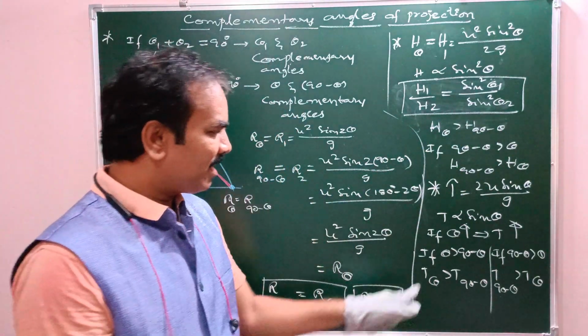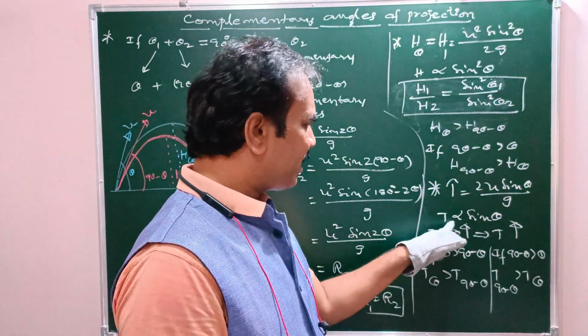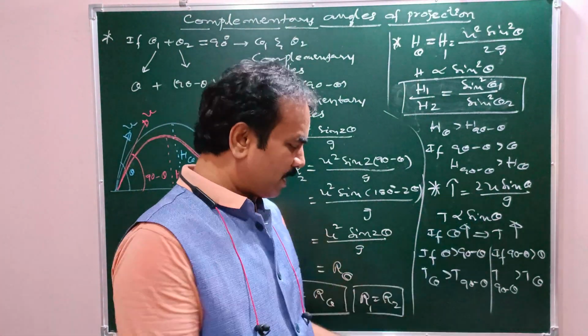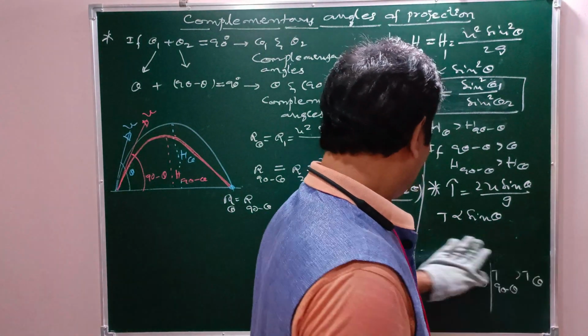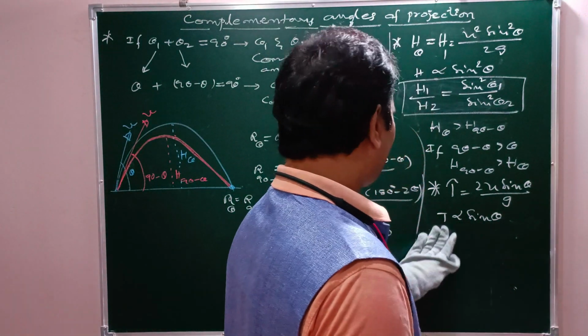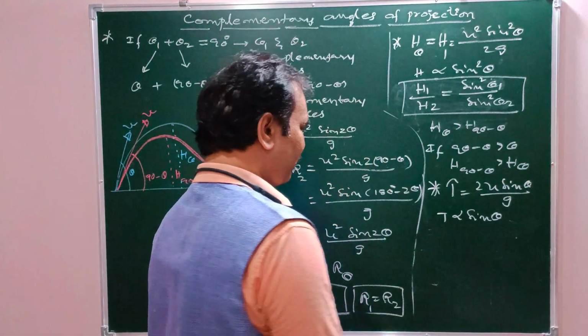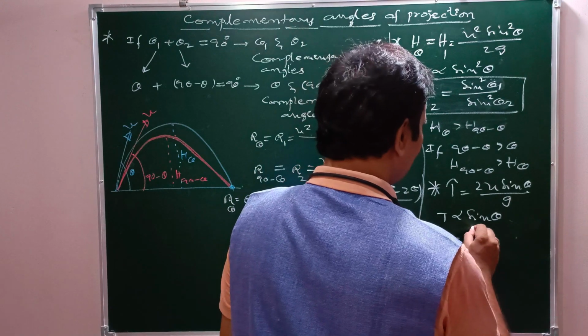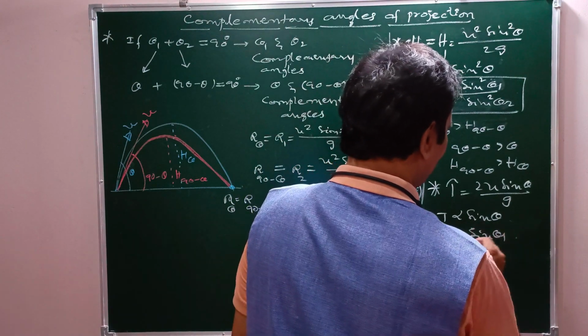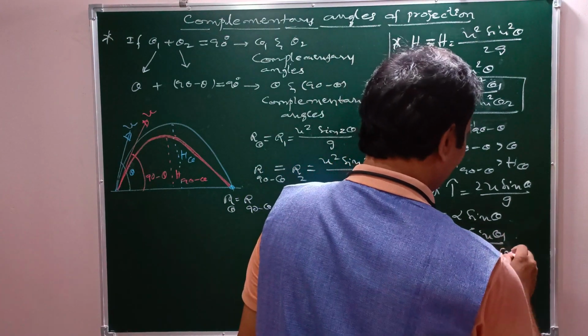Right? Similarly here, T is proportional to sin theta. Here also you can compare like that. How can you compare here? T1 by T2 equal to sin theta 1 by sin theta 2.